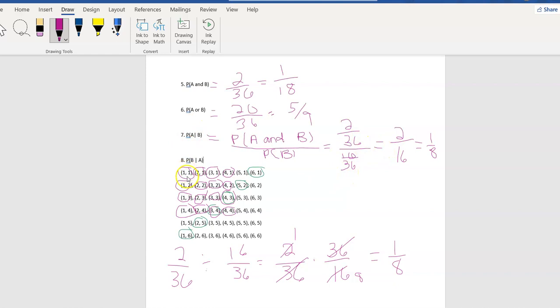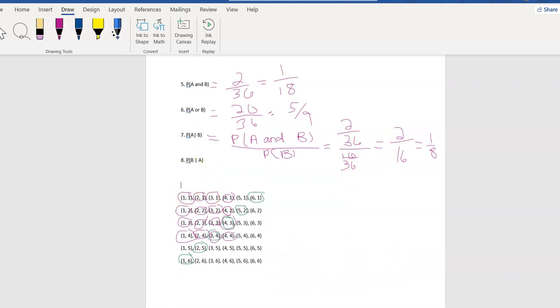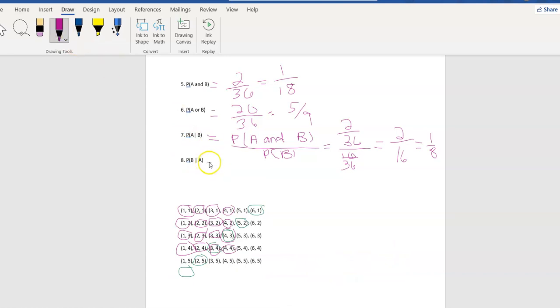All right, now we still have B given A to do. I'm going to put some space in here. And it's the same formula, but this time we want the probability of A and B on top. But the second one in the notation is A, so it's the probability of A on the bottom. Now again, I will use the non-reduced fractions.